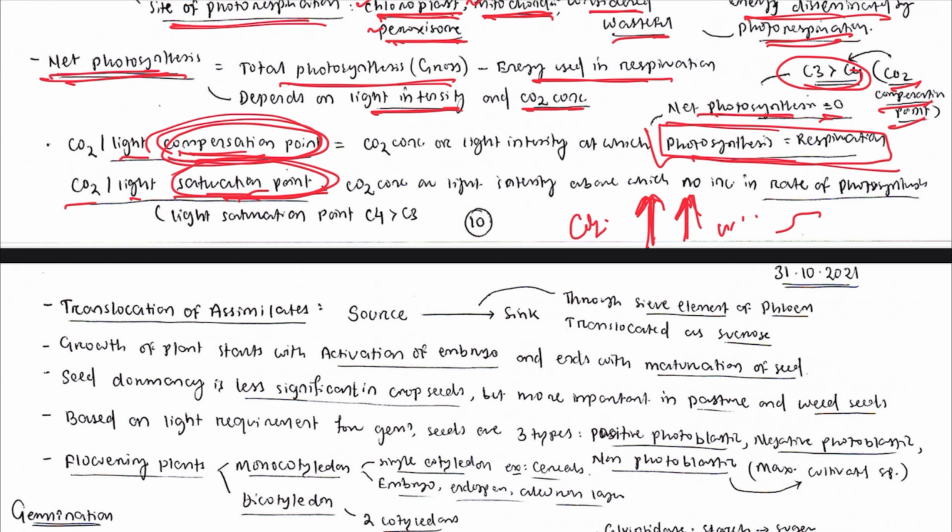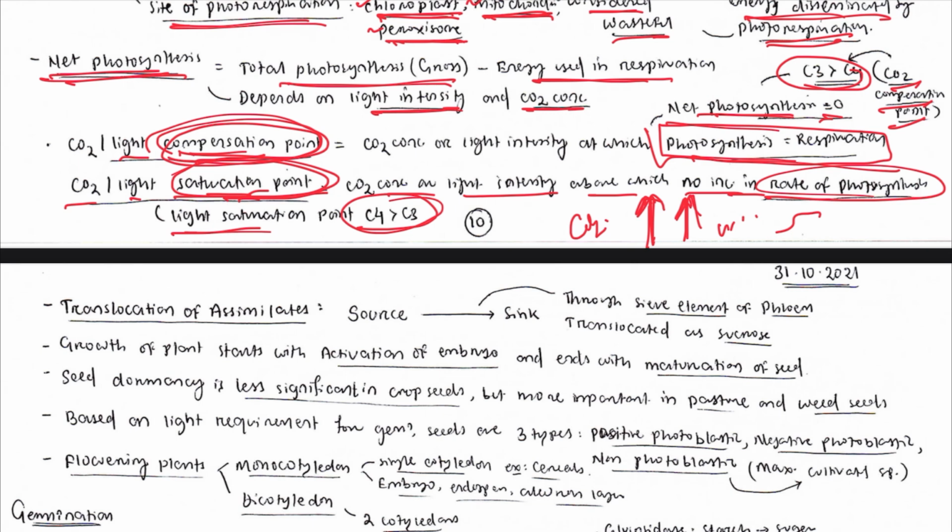Like that, when we increase the light intensity, up to some point it will increase, then remain constant or decrease. The point where it reaches the peak is called the carbon dioxide saturation point or light saturation point: the carbon dioxide concentration or light intensity above which there is no increase in the rate of photosynthesis. Light saturation point is higher in C4 plants than C3 plants, and carbon dioxide saturation point is the reverse; it is higher in C3 plants than C4 plants.